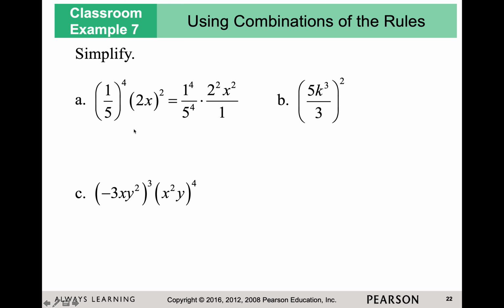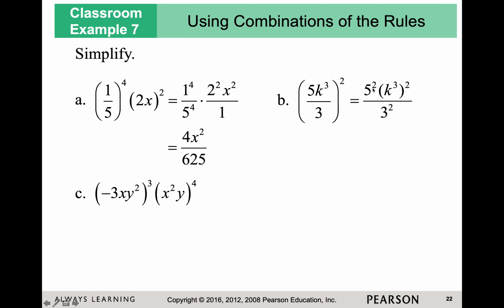So what I did was I took the 4 and I distributed it inside the parentheses. Then I took the 2 and I distributed that inside the parentheses. I typed 2 squared in my calculator, 5 to the 4th in my calculator. This is as far as I can go. There's nothing further I can do. In B, I have to distribute the 2 to everybody in the problem.